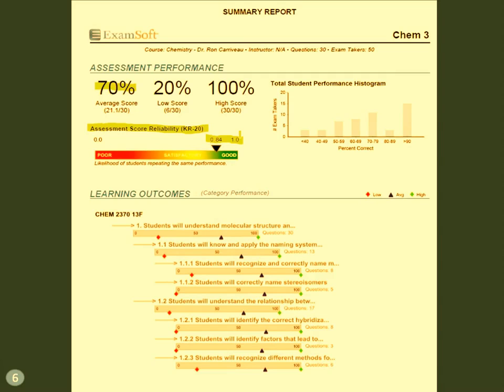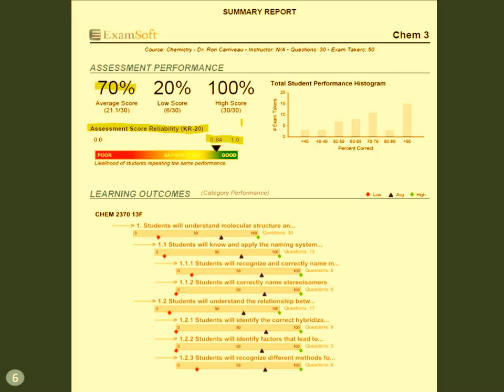There are, well, they'll use a Cronbach alpha for the written responses, and it depends on how much faith you want to have in the KR20. But if you're looking at what's on the screen now, you notice that's 0.84.